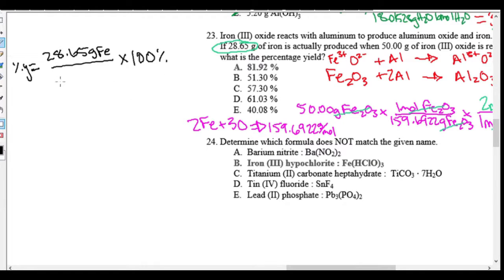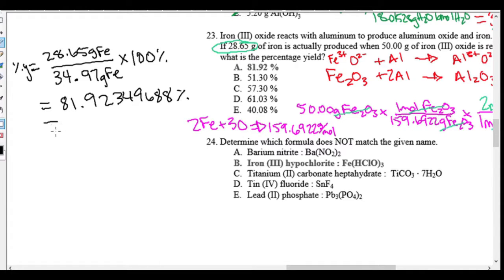That's going to be 34.97 grams of Fe. So our percent yield is going to be 81.92349688%, and then to 4 sig figs, 81.92%. That will be our percent yield.